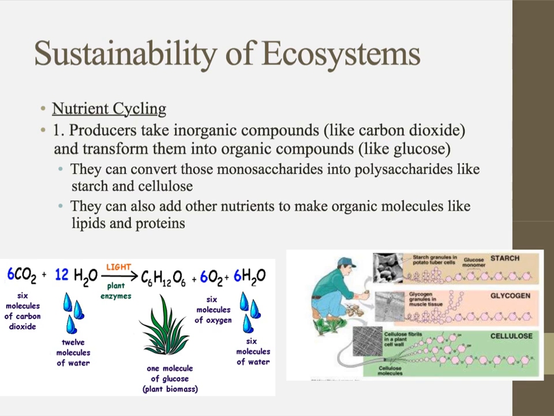So going from inorganic to organic, that's what makes these guys so super cool. They can convert those sugars into larger sugars or into starches, things like that. They can also produce other important molecules like lipids and proteins, which we know consumers are then going to need also. So it all starts here with our producers.